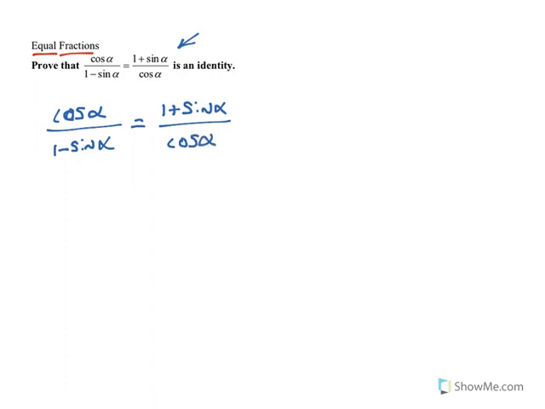And I'm going to multiply the bottom by 1 minus sine alpha, because I need it to end up looking like this one over here. Remember, for a proof, you can only change one side. So we're just going to change the right-hand side by multiplying by 1 minus sine alpha down bottom. And whatever you do to the bottom, you have to do to the top to keep the fraction balanced.